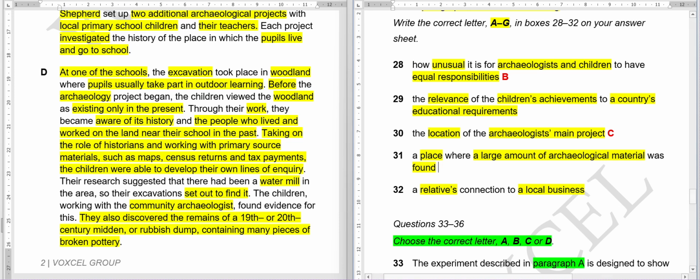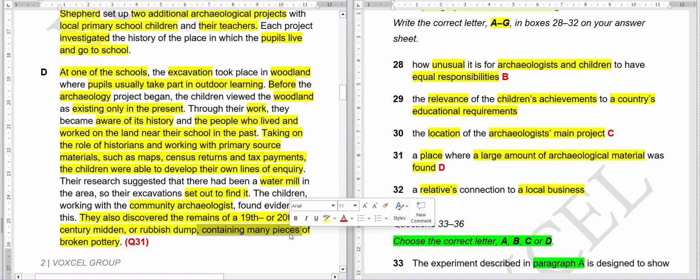Yes. First, let me write the location, mark the answer, write the answer and mark the location. So yes, there is our answer. Where it is written a large amount of material was found, so it was a rubbish dump. So it was a dump, meaning there will be a lot of rubbish there, and it contained many pieces, a lot of pieces of broken pottery, so archaeological material.